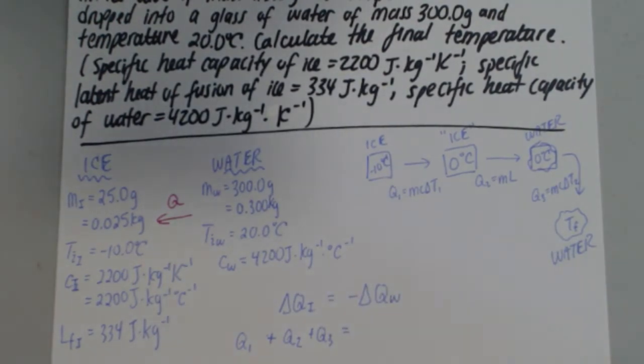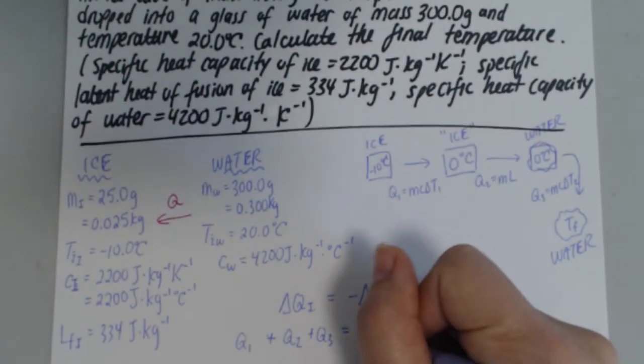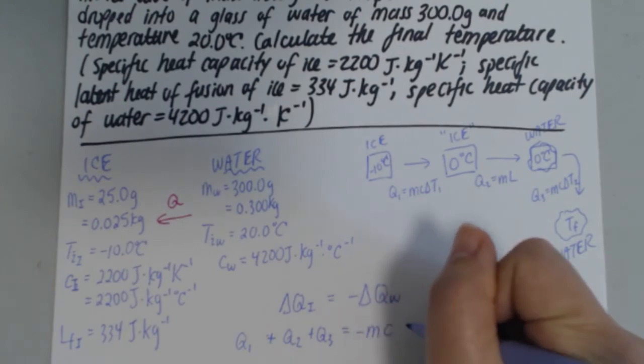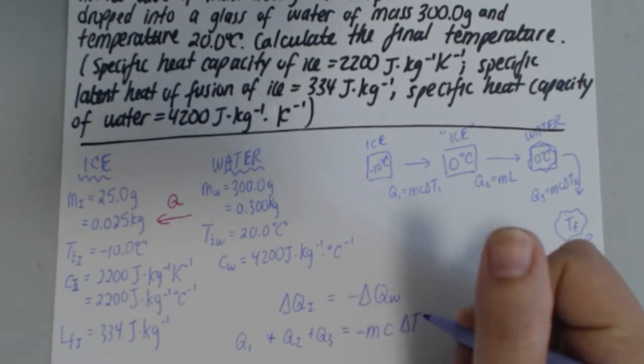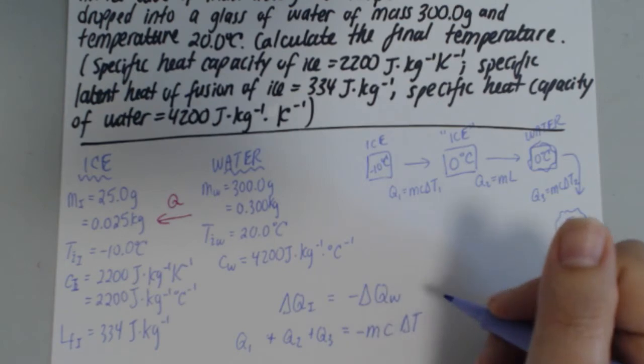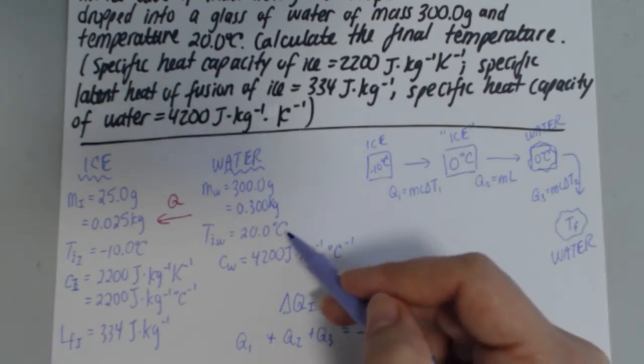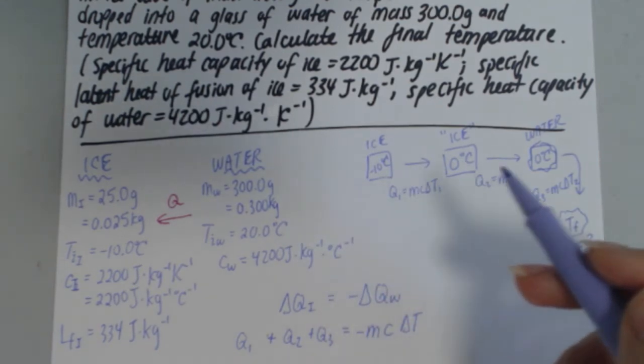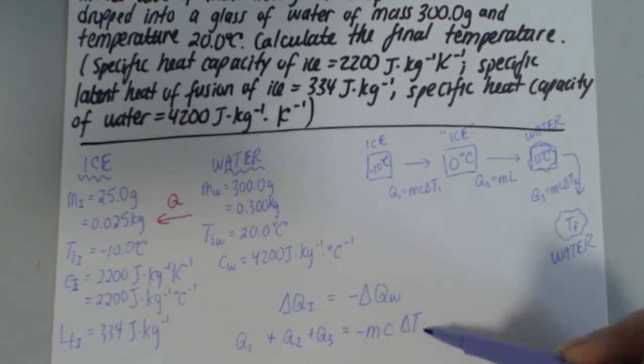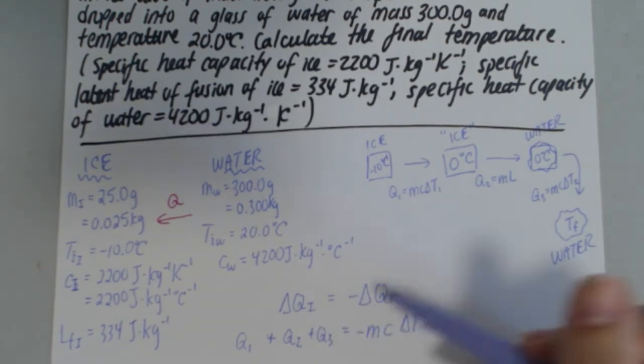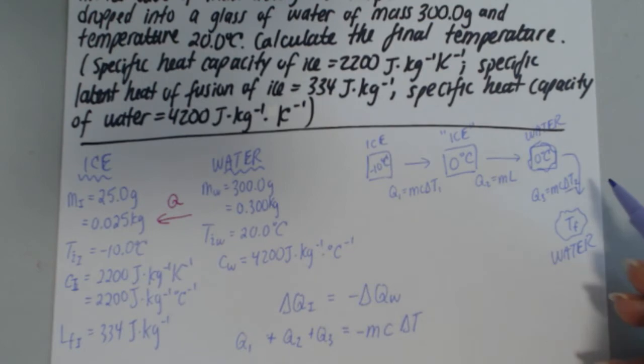Now, the water starts at 20, it doesn't undergo a phase change, it's just going to cool down a little bit. So that's just going to be equal to minus mc delta T. And we know that the initial temperature in that delta T is 20 degrees, and we know that the final temperature is what we're looking for. That final temperature, which we're missing here, is the same final temperature in Q3, which appears right there.